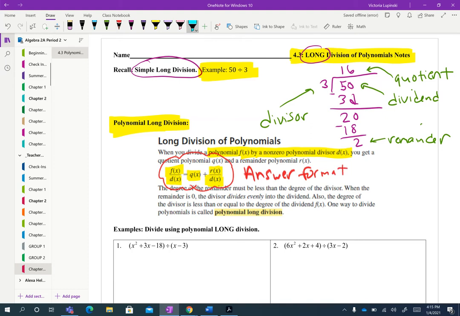Couple of other things to point out here. The degree of the remainder has to be less than the degree of the divisor. If you're lucky enough that the remainder is equal to 0, that means that the divisor goes evenly into the dividend. Also, the degree of the divisor has to be less than or equal to the degree of the dividend.